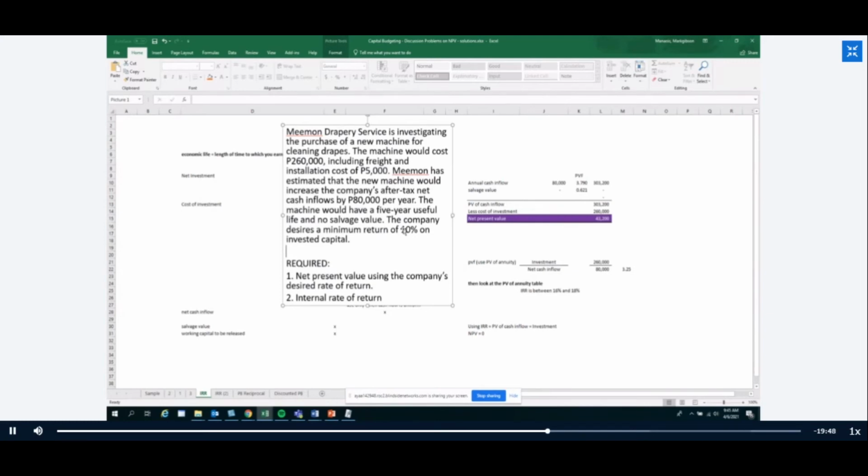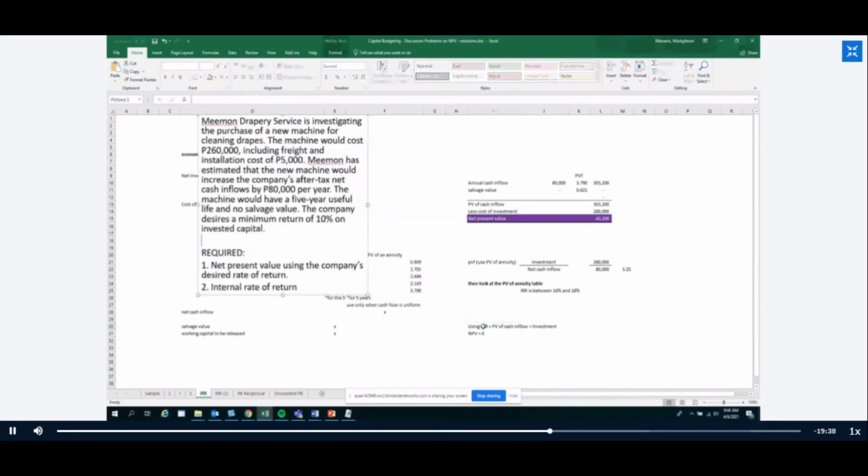Very good. No? So that's true using IRR. Sa tandaan lang ha, using IRR, your present value of cash inflow is equivalent to your net investment. Thus, your net present value is 0.